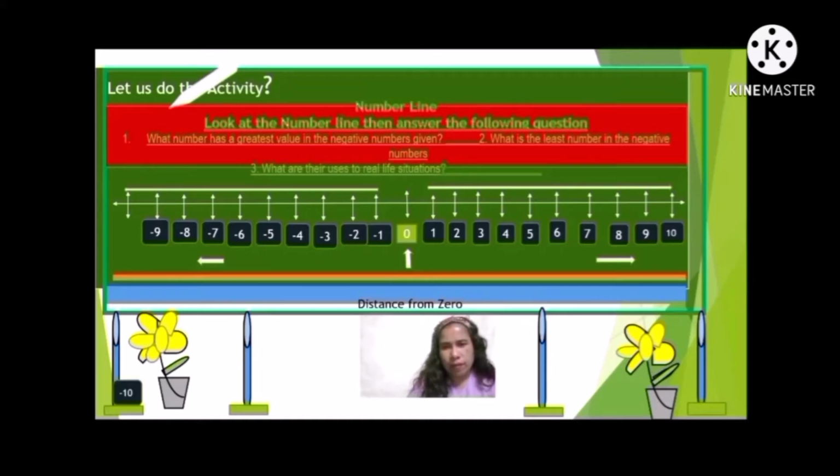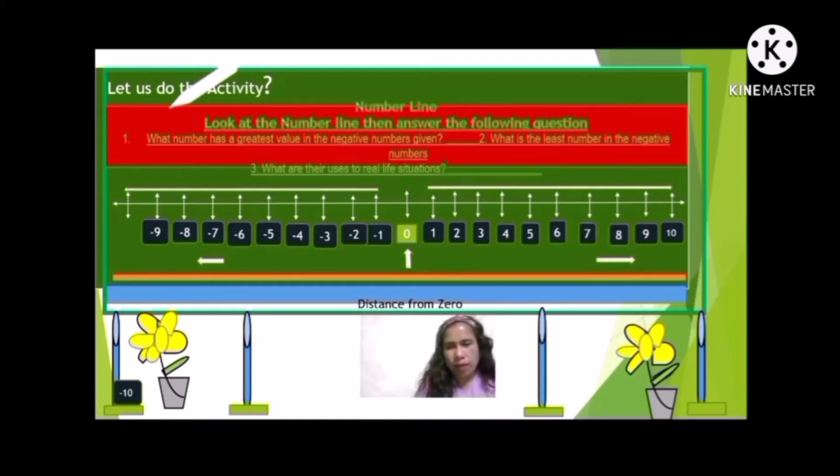in value. So in positive numbers, what is the greatest value? 1 or 10? The answer is 10. And the least number in positive numbers is 1. The arrow shows here because there are a lot of numbers up there.